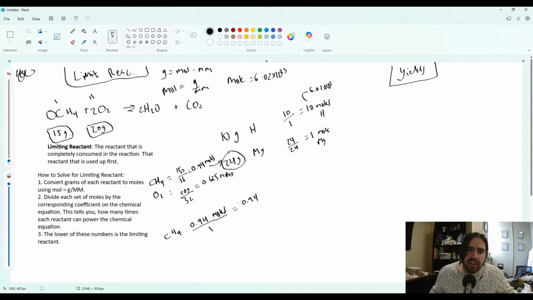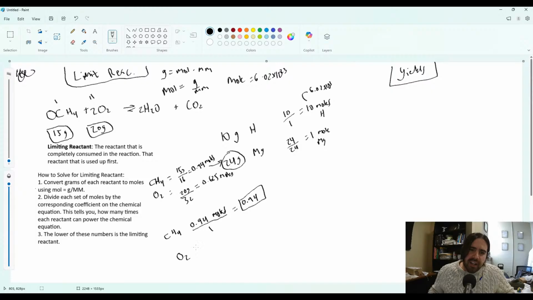Okay. That means that this amount of methane is able to power, for lack of a better phrase, 0.94 cycles of this chemical equation. It's actually 0.94 times Avogadro's number, but you don't need to worry about that. We have this number. All right.